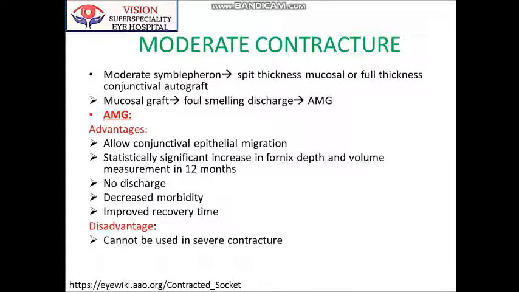Also, it has been studied that AMG causes a significant increase in fornix depth and volume measurements at 12 months of use. They are not associated with mucus discharge, have decreased morbidity, and improved recovery time. However, because amniotic membrane grafts are substrate grafts, they cannot be used when contraction is severe as there are no residual conjunctival epithelial cells to differentiate and migrate.